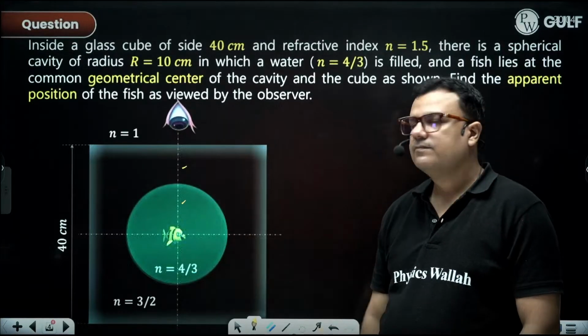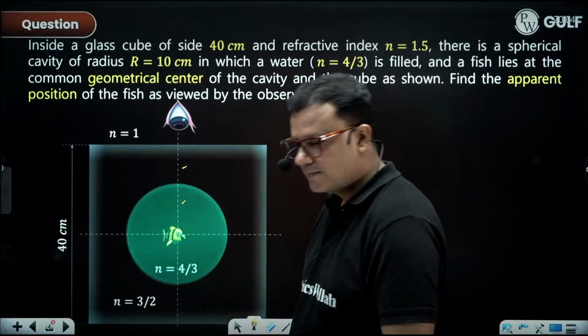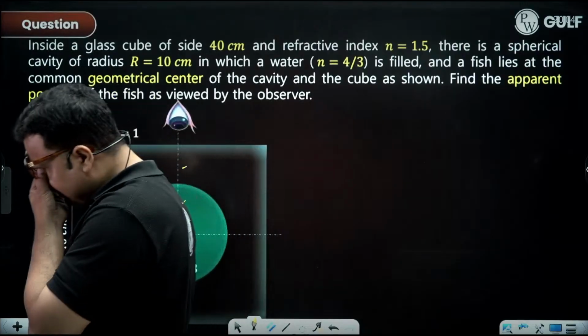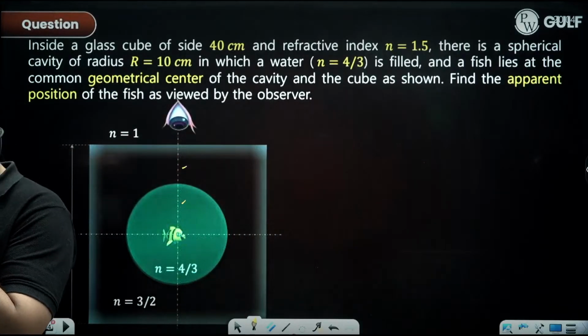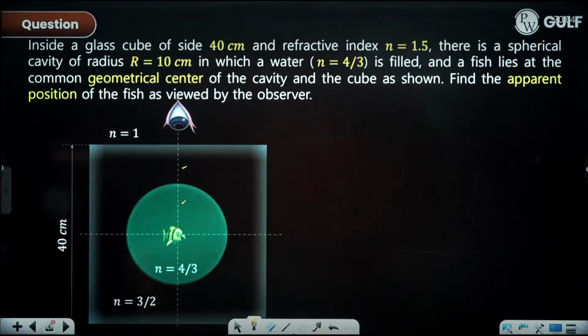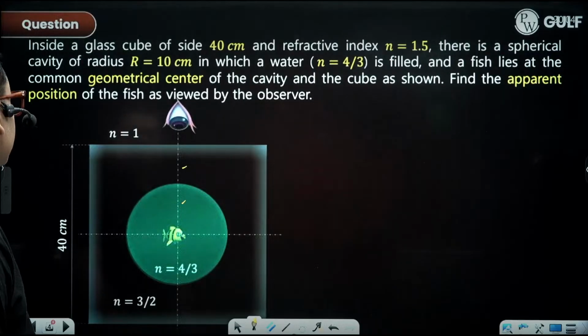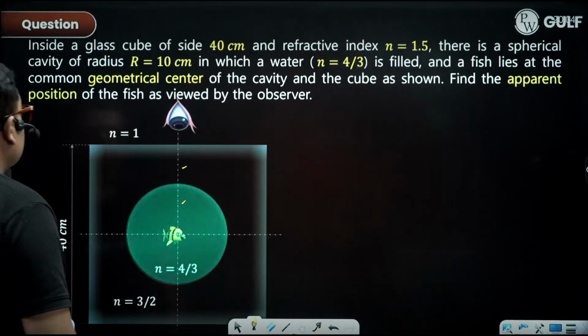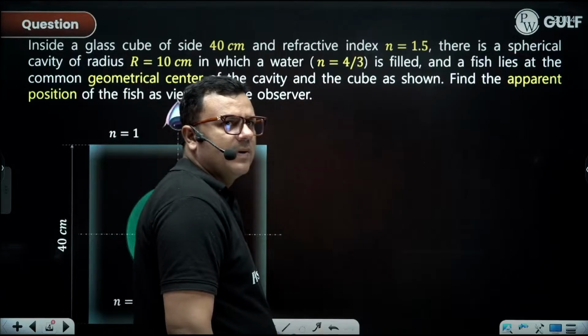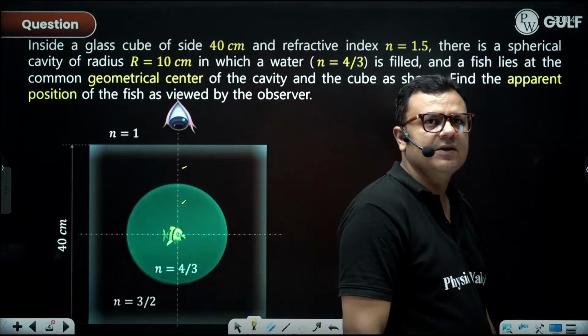I need your reply in this one. First, we are going to talk about the refraction through the spherical surface, when the ray passes from one medium to another medium.